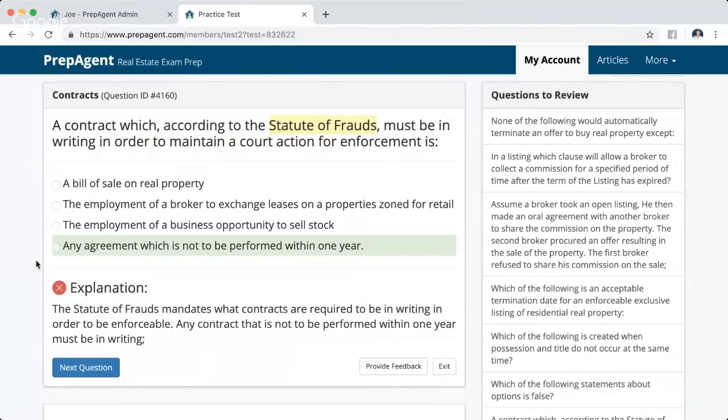And the answer is D, any agreement which is not to be performed within 1 year.